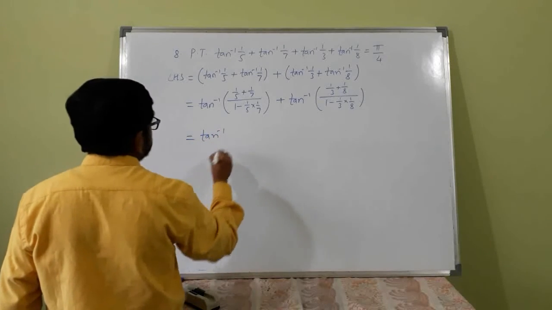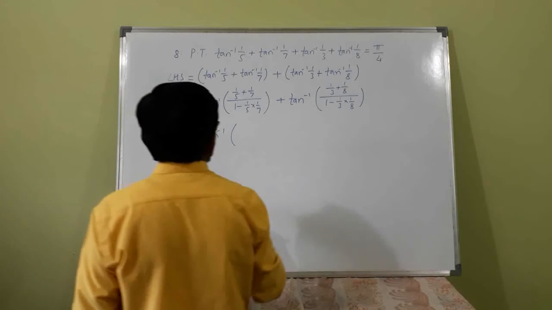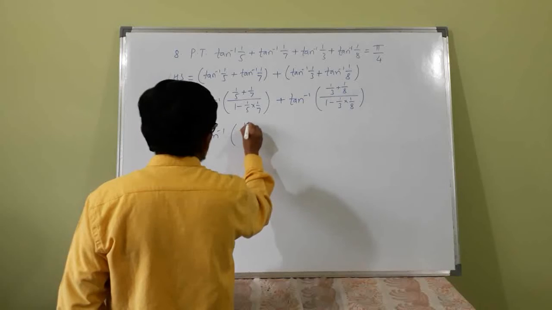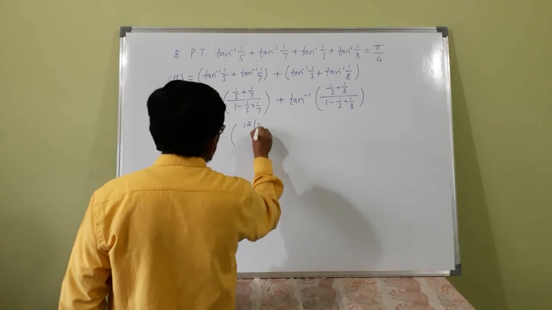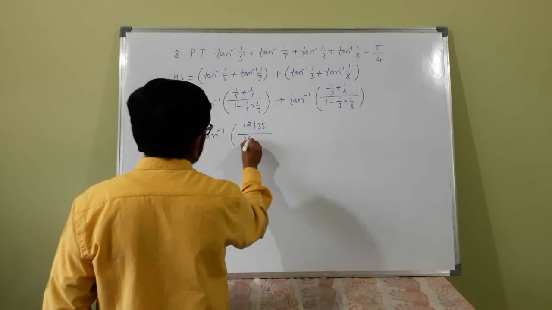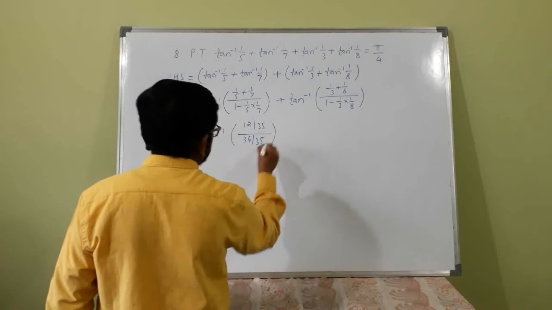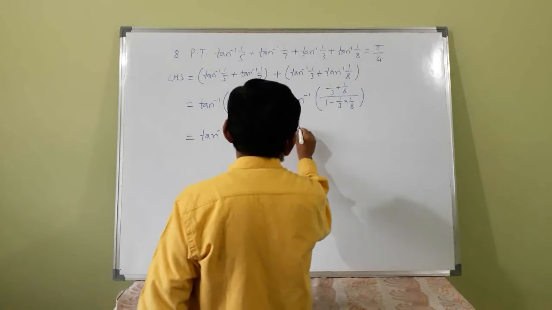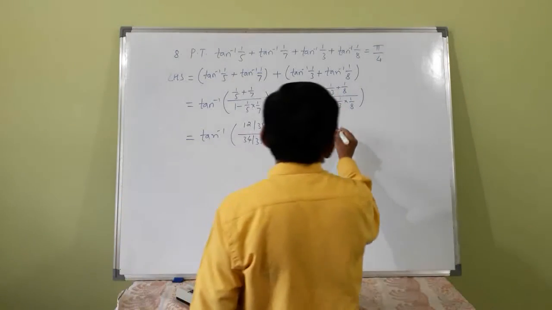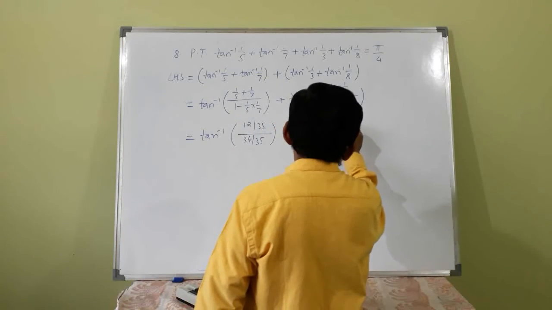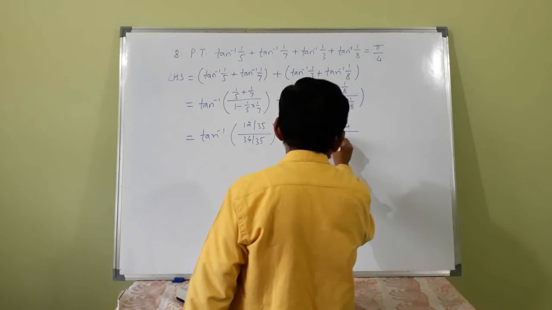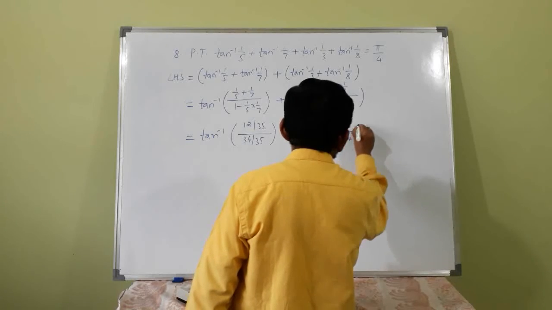Tan inverse of 7 plus 5, that is 12, 12 by 35 divided by 35 minus 1, that is 34 by 35, plus tan inverse of 8 plus 3, 11 by 24 divided by 24 minus 1, 23 by 24.